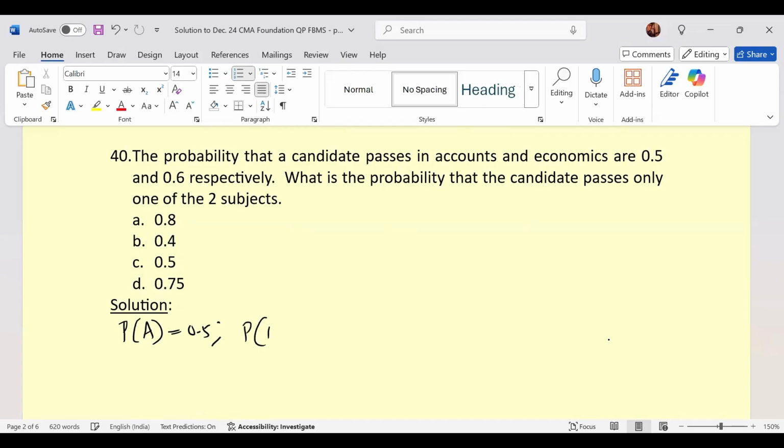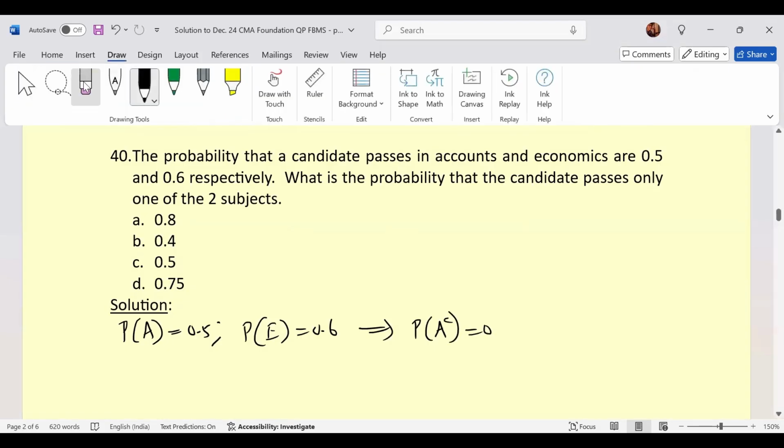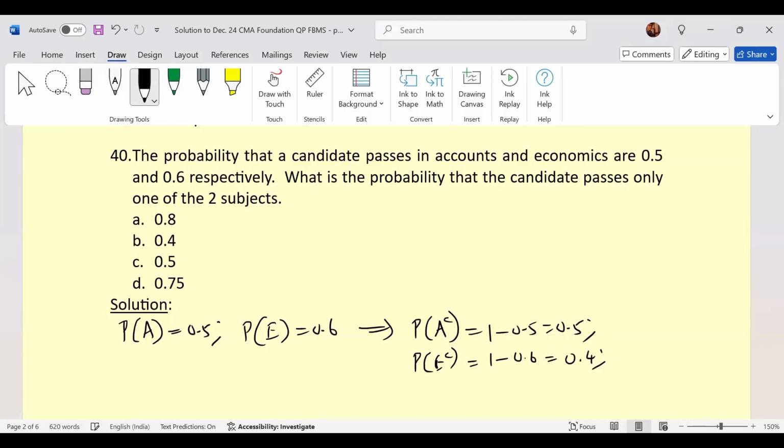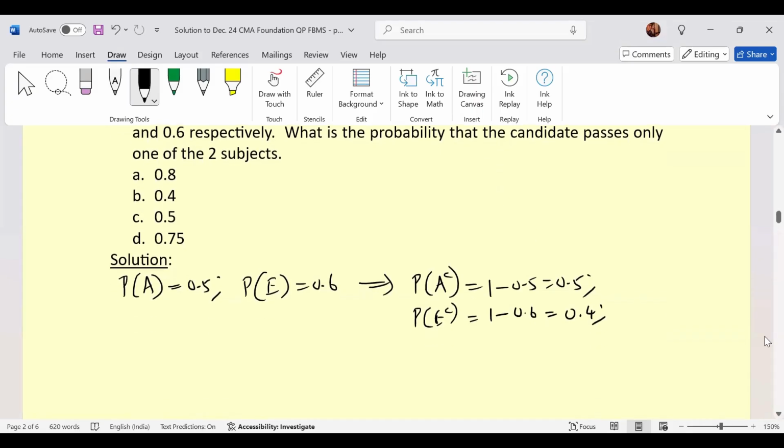Probability of economics passing is 0.6, which means probability of A complement, the failing, will be 1 minus 0.5, which will be 0.5. And then probability of failing in economics will be 1 minus 0.6, that will be 0.4. What is the probability that the candidate passes only one of the two subjects?